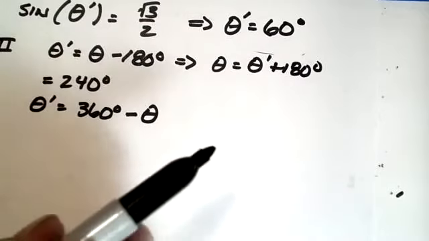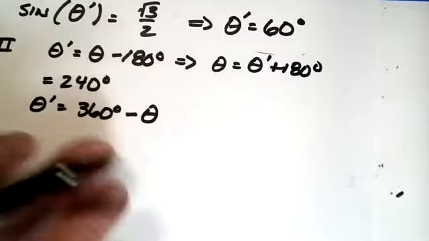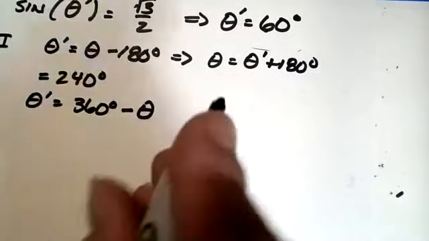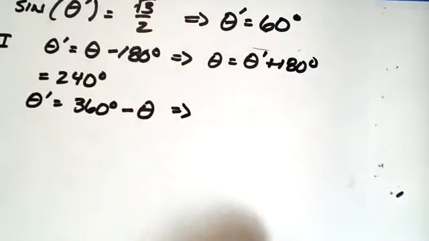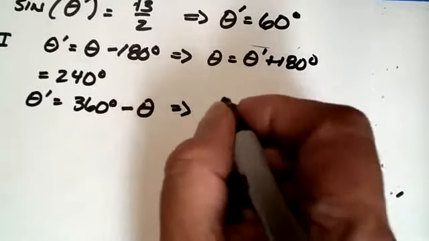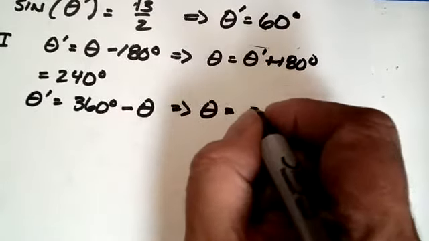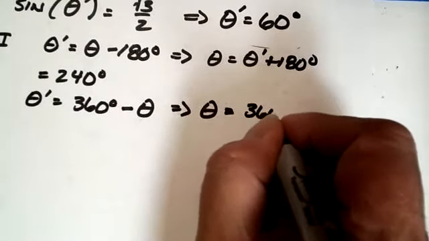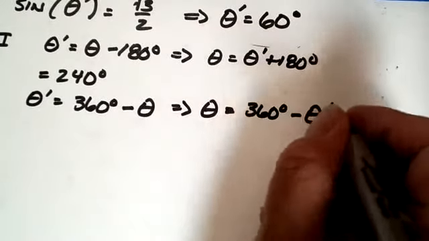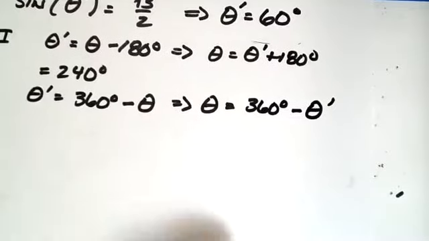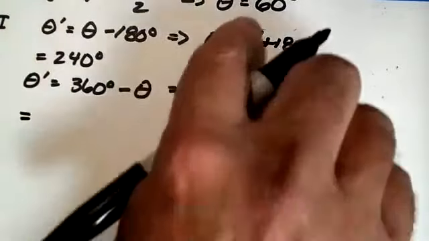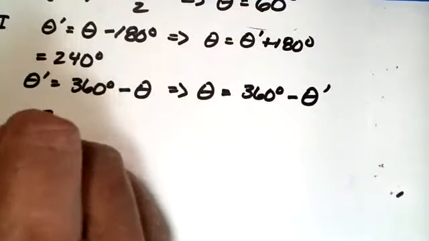We have to be a little careful here with the sign. With a little manipulation, theta is actually equal to 360 degrees minus theta prime. So 360 minus 60 is an angle of 300.